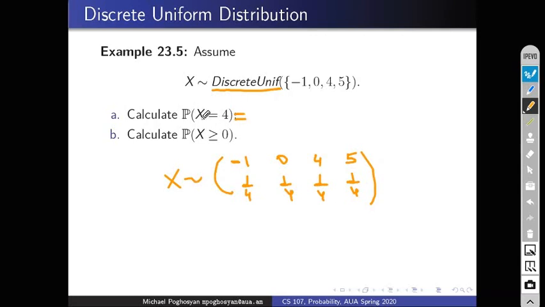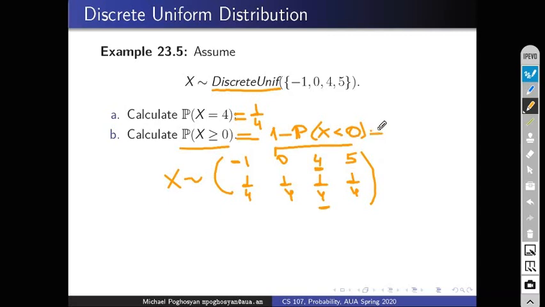Again, we are asked to calculate the probability that x is taking the value 4. So x is taking the value 4 with this probability, which is equal to 1 over 4. Now, calculate the probability that x will be larger or equal than 0. So x will be either 0 or 4 or 5. Well, either we can add 1 over 4 plus 1 over 4 plus 1 over 4, or we can write it in this way: 1 minus the probability that x will be less than 0, taking the complement.